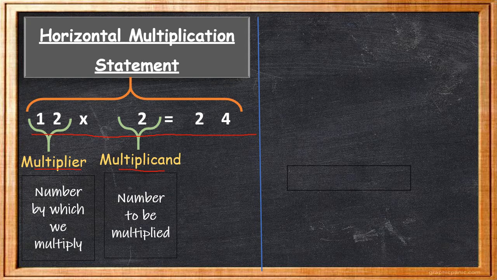So whatever we get after multiplying, that is the product. Product means final result or final answer. So this is about the horizontal multiplication statement, which we use for smaller numbers.